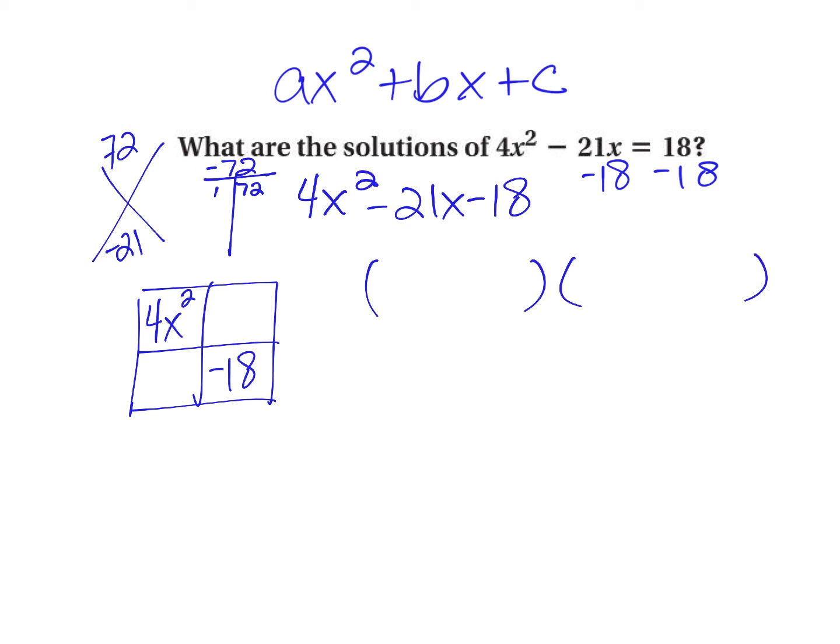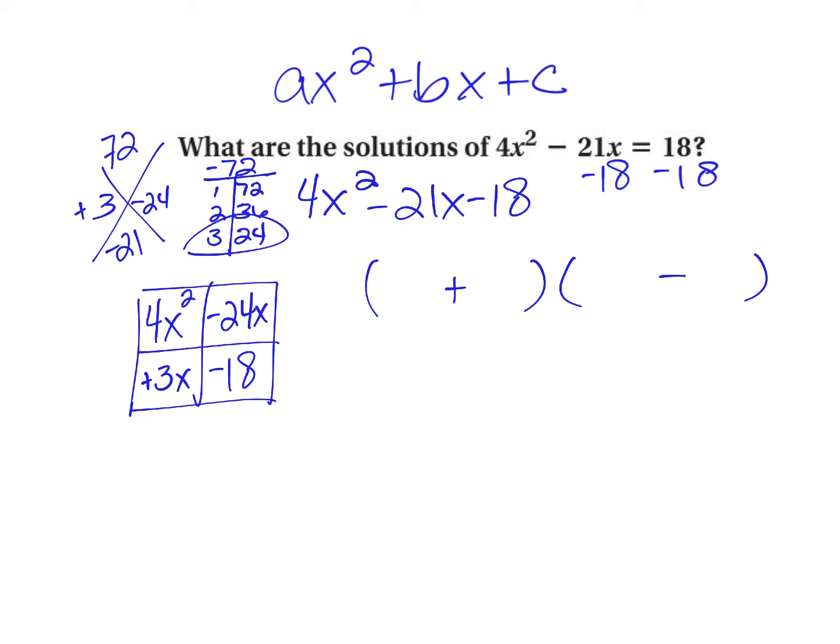It looks like one of each, because I have a negative product. 1 and 72 isn't going to work. 2 and 36, nope. 3 and 24 is where it's at. One of them needs to be positive, one needs to be negative. I need the sum to be negative, so it would be a -24 and a +3. So I'm going to put a +3x here and a -24x here.